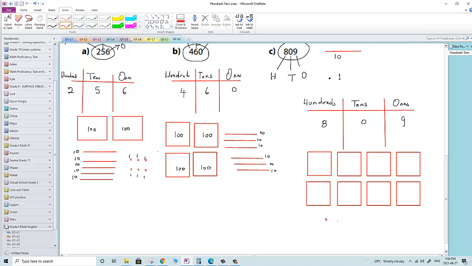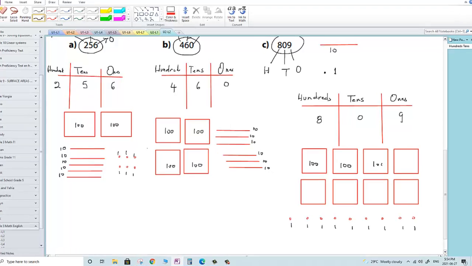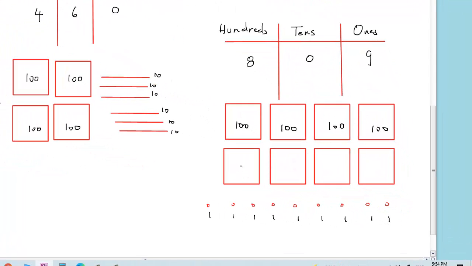How many dots? 1, 2, 3, 4, 5, 6, 7, 8, 9. Each of these represents 1 to get the 9 ones. And each square represents 100 because I have 800. This is a huge number, 800. That means I need 8 squares.